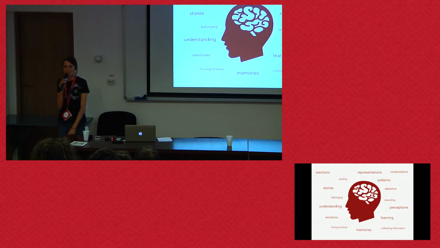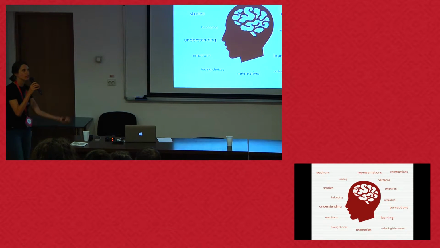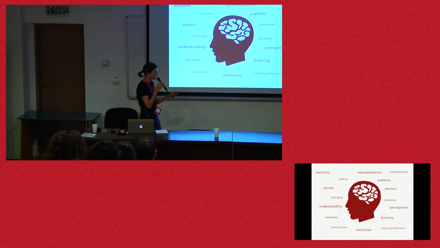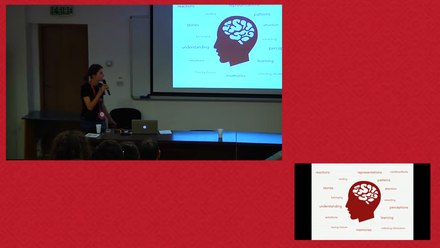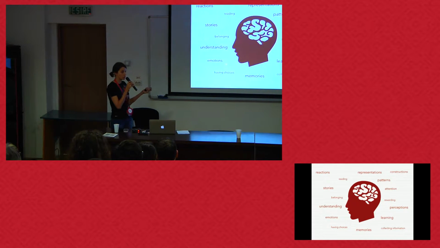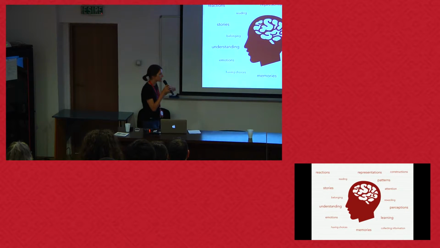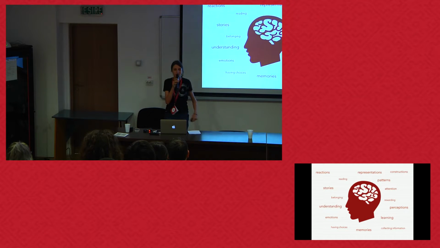So, usability is not just about consistency, it's not just about design, it's not just about flows. Usability is about some features of the brain. Some features are like emotions, having choices, memories, learning, and a lot of them, more than here.